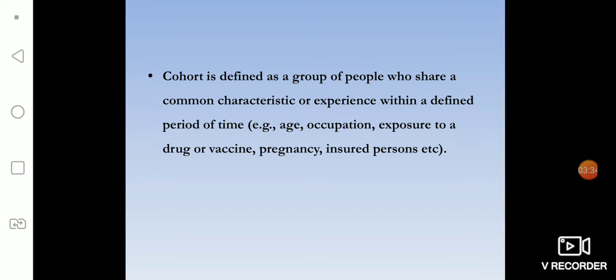It is a group of people who share similar characteristics or who had a similar experience within the defined time period, like those who belong to similar occupations, or similar exposure to drugs, or who have been working in a similar company, who are exposed to a similar pollutant. So these are all people who share a common characteristic.